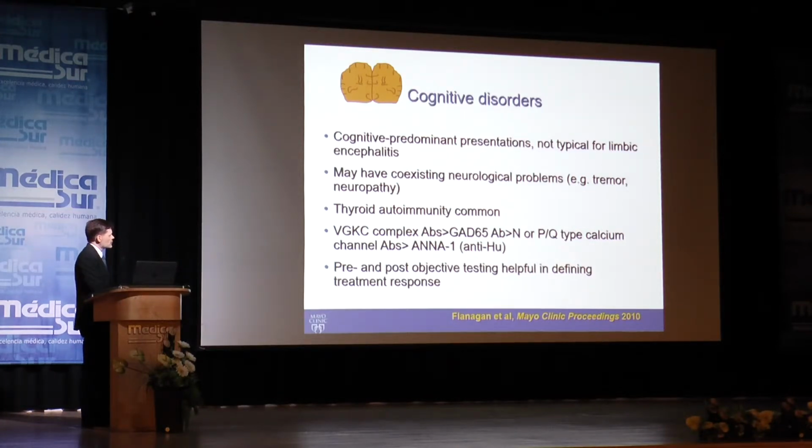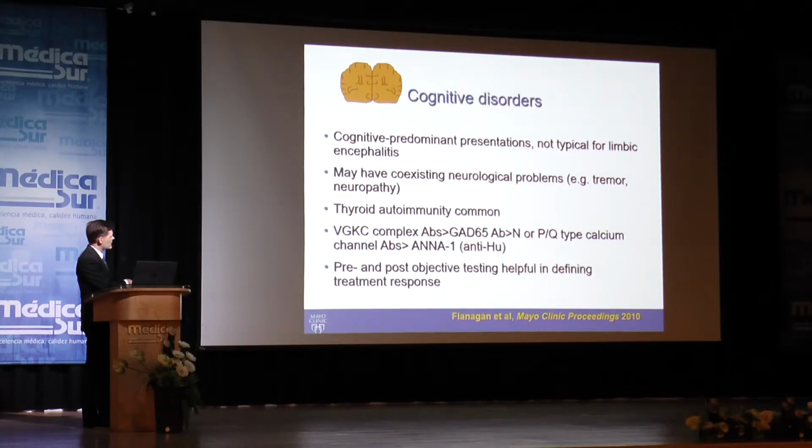There are cognitive disorders that are less discrete or less syndromic, but the primary complaint is a cognitive disorder. It's not typical for a limbic encephalitis, but they may have some other neurologic signs or involvement, tremor, peripheral neuropathy. Thyroid autoimmunity is common. And here you may find synaptic cell surface antibodies, especially these listed here.